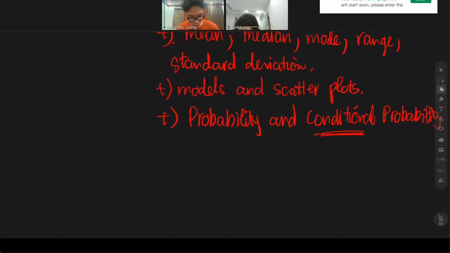And Domain 4 is geometry and trigonometry.